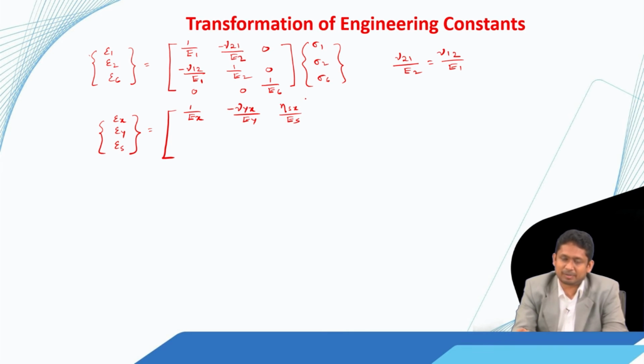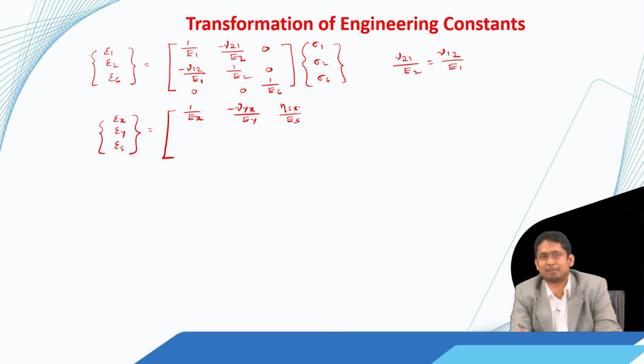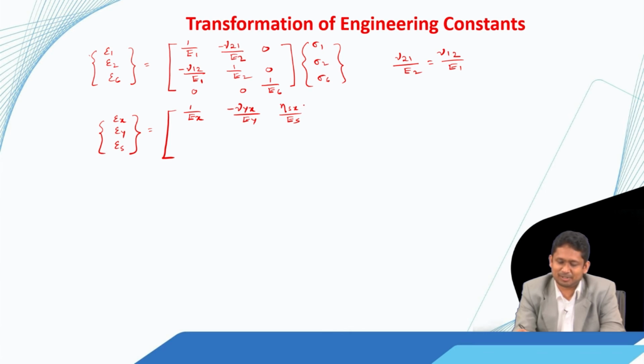So, we have seen that the S matrix has these terms populated. So, there is coupling between the normal and shear components. That coupled term we are writing in this way.